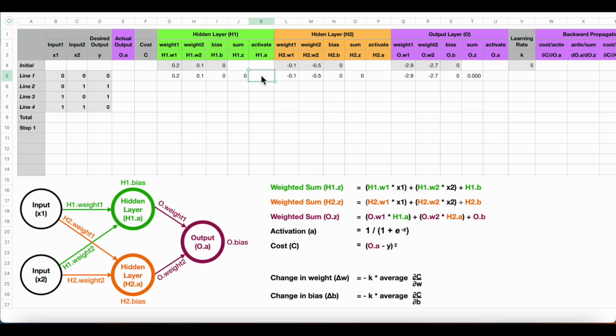The formula for the H1 activation is shown here, and that's going to be 1 divided by 1 plus, and to represent the constant E in a spreadsheet, we use the term EXP, and that's minus Z, in this case H1Z.